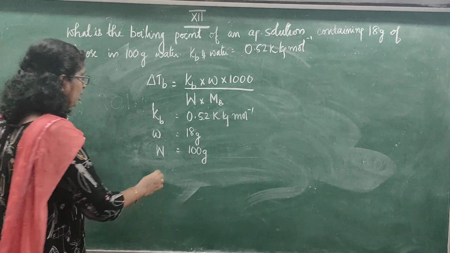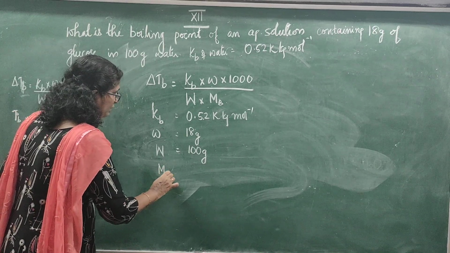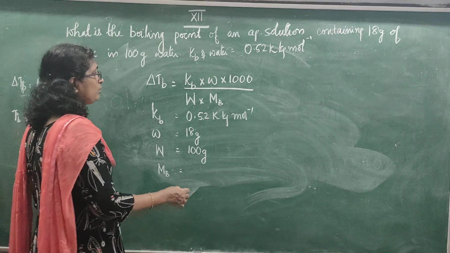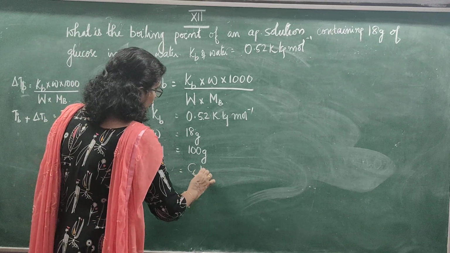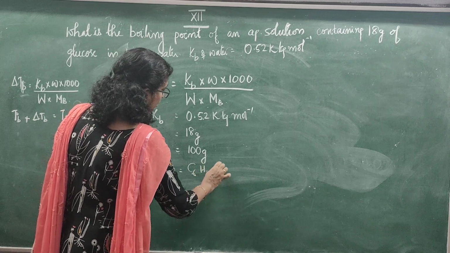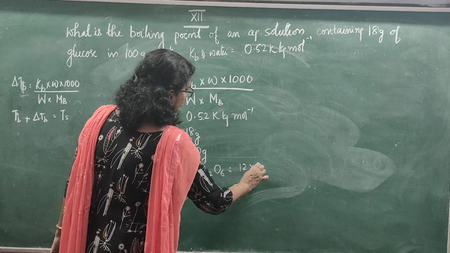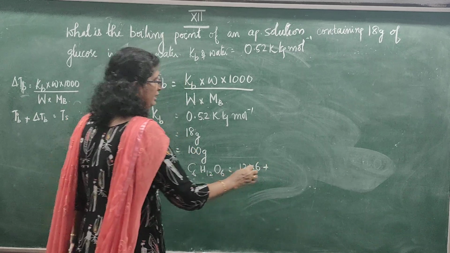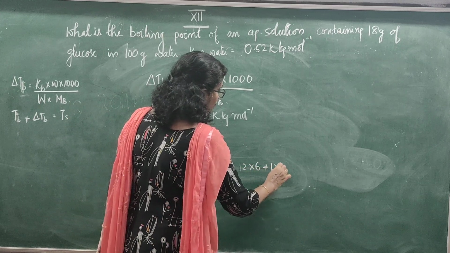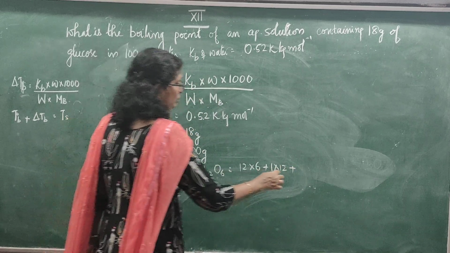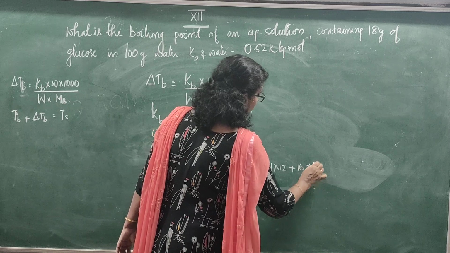That also is given. Then Mb. What is Mb? Molar mass of the solute. What is the molar mass of the solute? It is glucose. What is the formula of glucose? C6H12O6. So that means 6 carbon atoms, that is 12 into 6, plus how many hydrogen? 12 hydrogen, so 1 into 12, plus how many oxygen? 6 oxygen, that is 16 into 6.